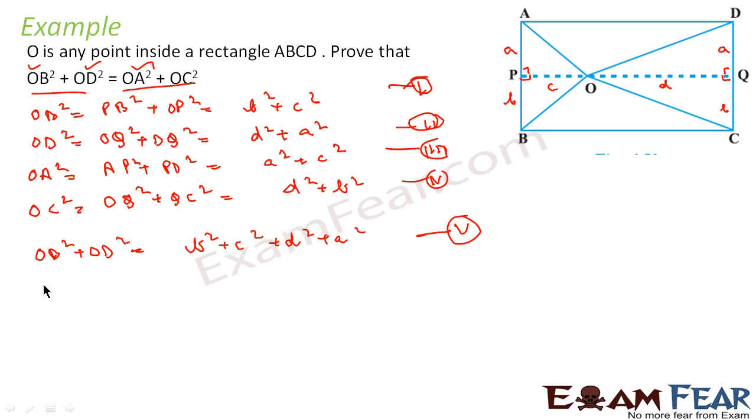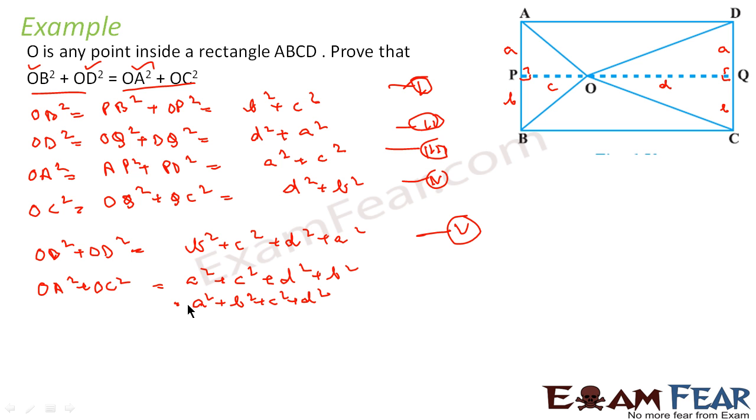RHS is equal to OA square plus OC square. That is nothing but A square plus C square plus D square plus B square. Both are same actually. If you see, I'll arrange both in this fashion. So this is nothing but A square plus B square plus C square plus D square.